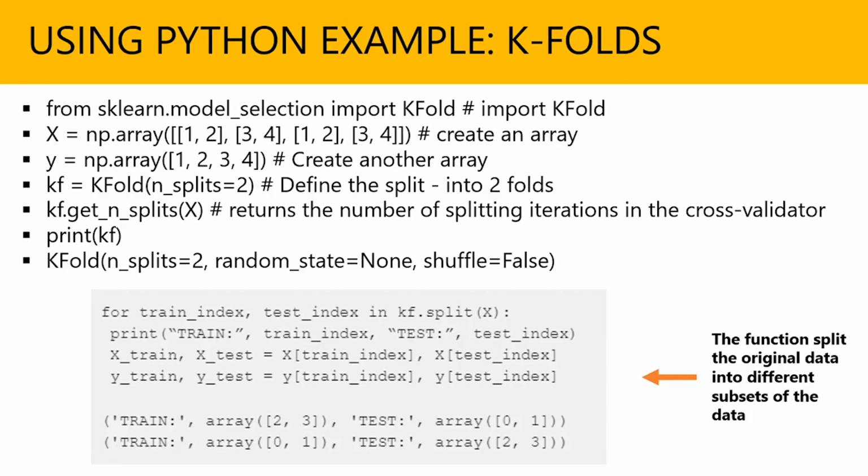This is just to demonstrate how you would use Python, for instance, to do the cross-validation. You run the program up above, the arrays that you see, and then the results are displayed in the picture below. The function splits the original data into different subsets of the same data.